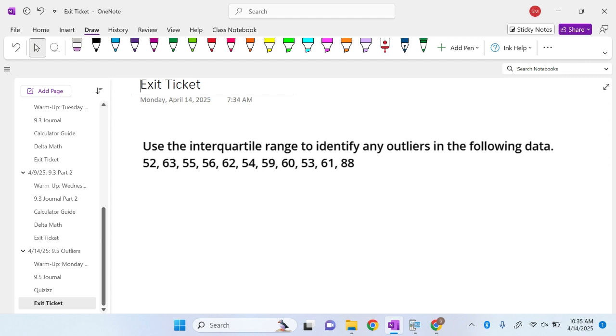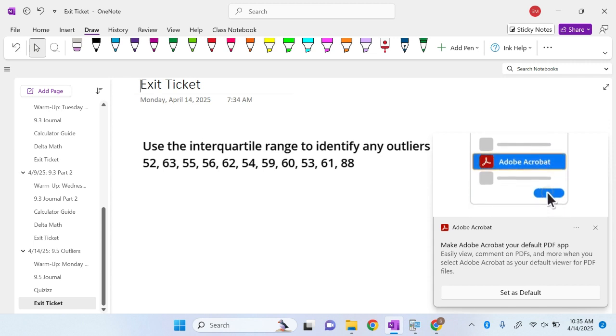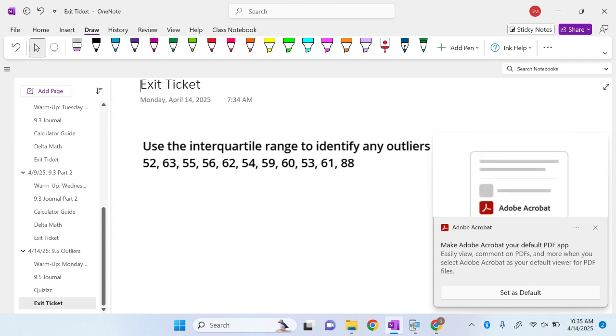If you don't remember how to get to it without it being blocked, go through Canvas. It's linked in there.